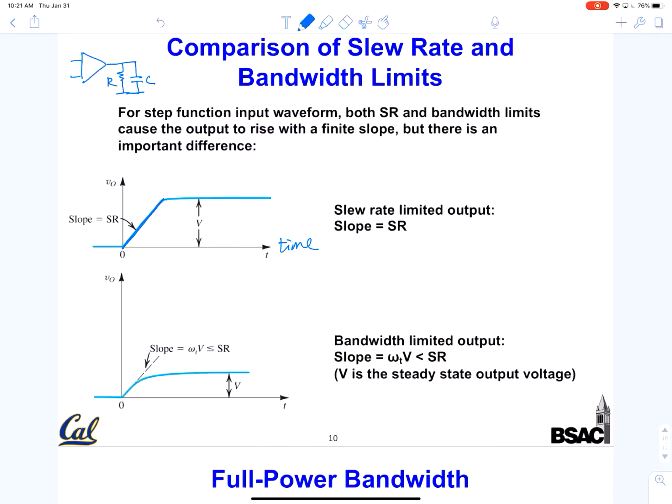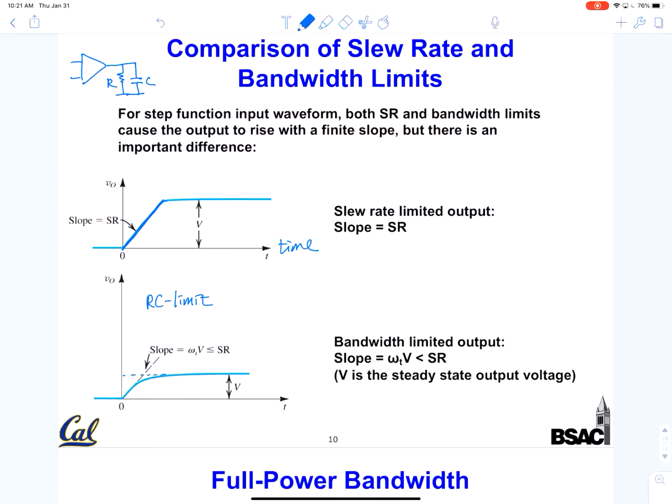The slope is basically the slew rate. Whereas if it is RC limited, the behavior is exponential. It approaches with an RC time. So when it crosses the dotted line, this time is actually the RC time. The equation is 1 minus exponential of minus t divided by RC. So they are slightly different.